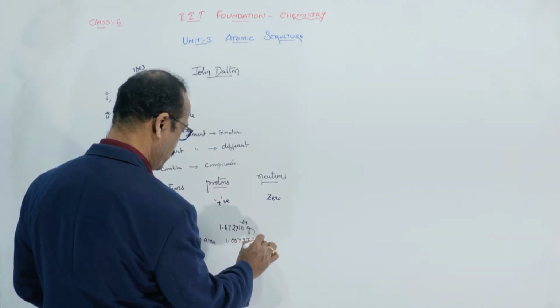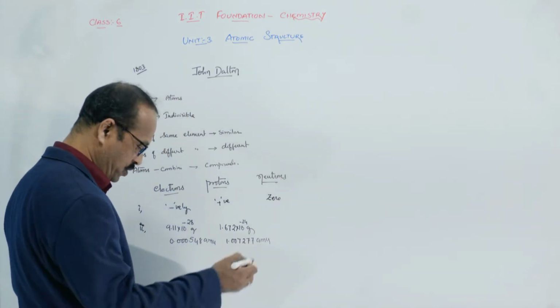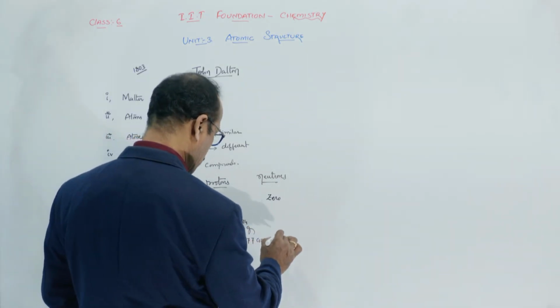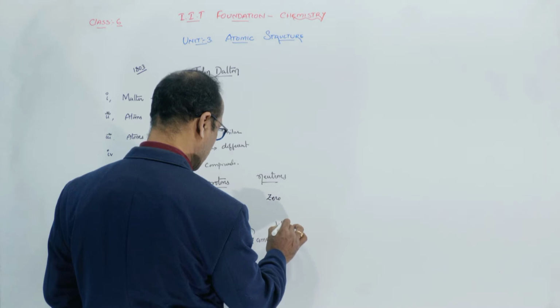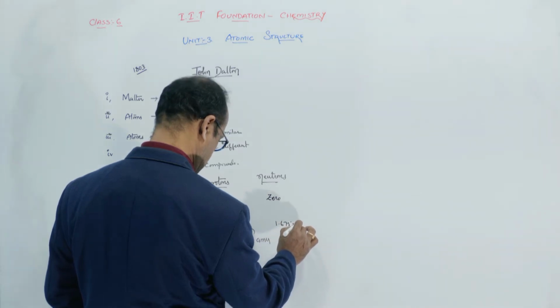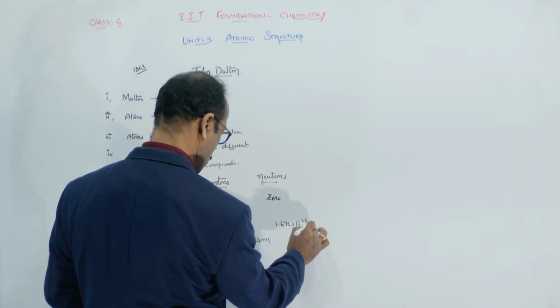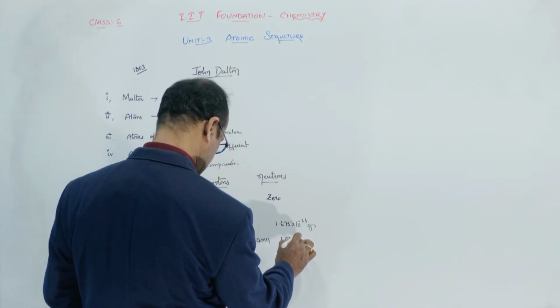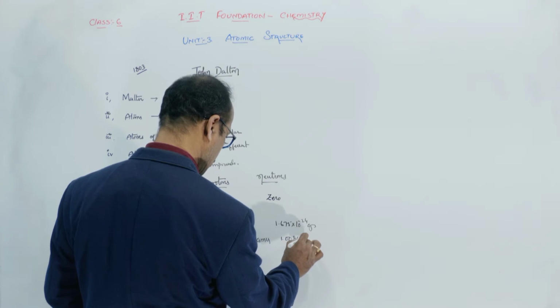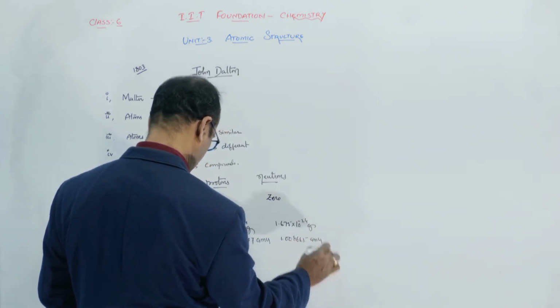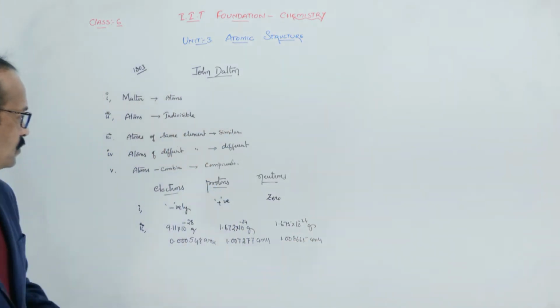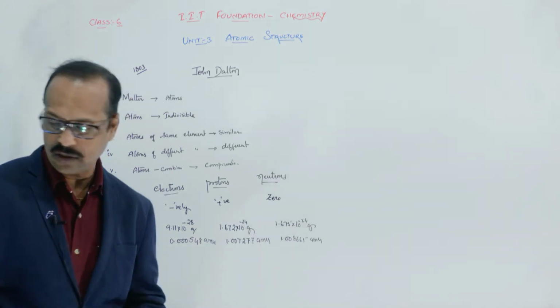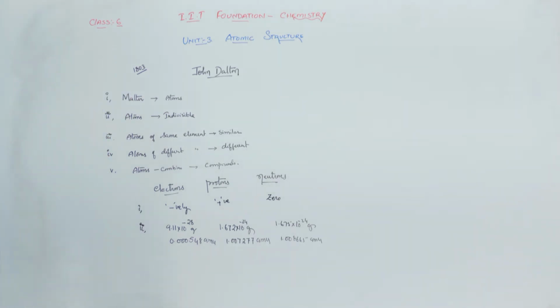And the mass of the neutron is almost the same: 1.675 into 10 to the power of minus 24 grams, or 1.008665 AMU. So these are the masses of electrons, protons and neutrons.